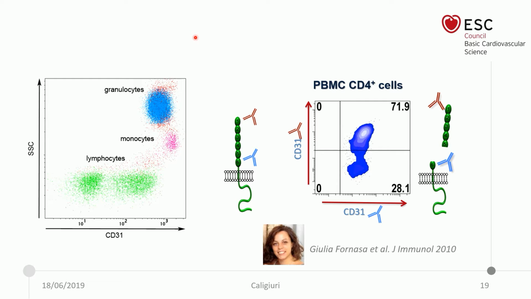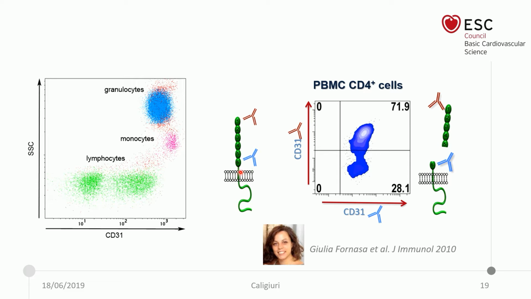The CD31 is not really missing on these cells. It is cleaved. Most of it is gone, but a portion which is very proximal to the membrane is still there. And I could see that by using two antibodies at the same time, monoclonal antibodies directed against domain number 1 and domain number 6.